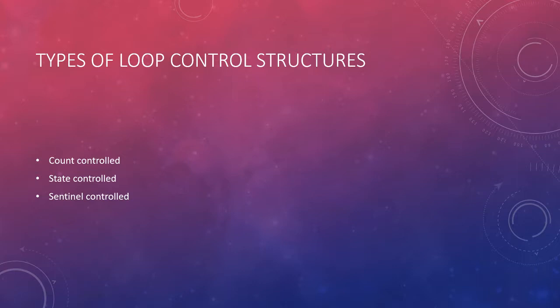Or is it the example of our stoplight, maybe 3 states? So a state-controlled loop often uses a Boolean, but our traffic light would need to use something a little bit different, wouldn't it? And then we can have sentinel-controlled loops where we ask the user to continue entering and to enter some sort of special, unexpected number or value to stop the loop.